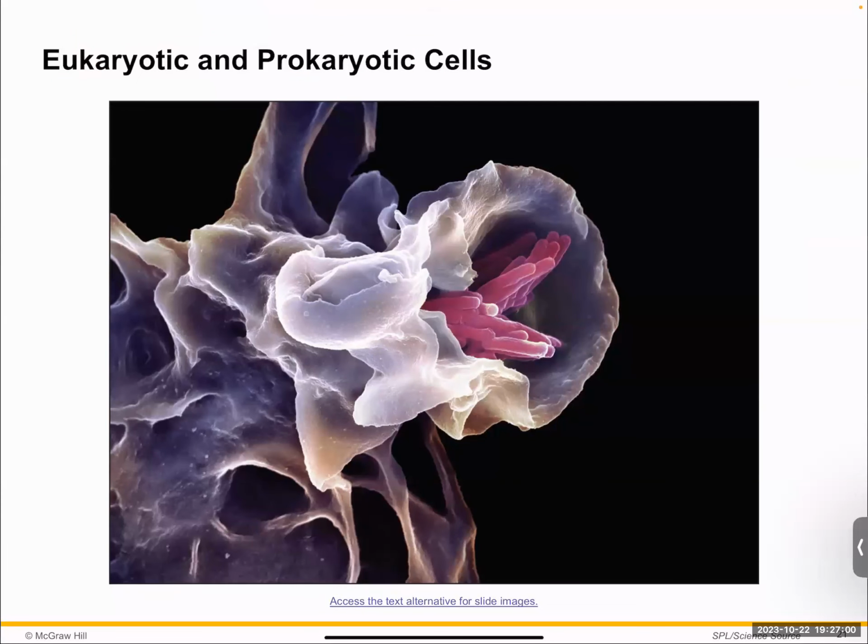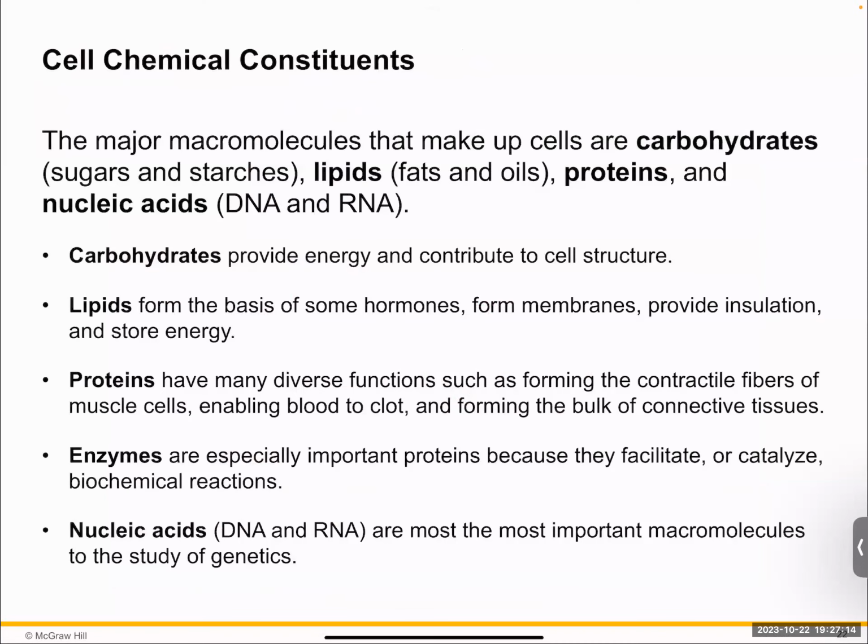Now, going back to eukaryotic versus prokaryotic. Eukaryotic cells have membrane-bound organelles, versus prokaryotes, which typically lack them. Regardless of what type of cells we have, we require these categories of macromolecules.